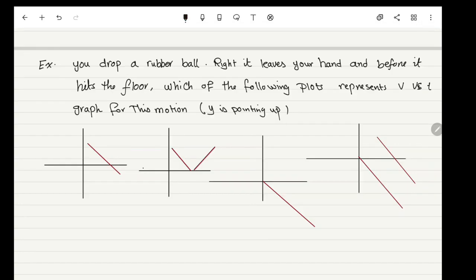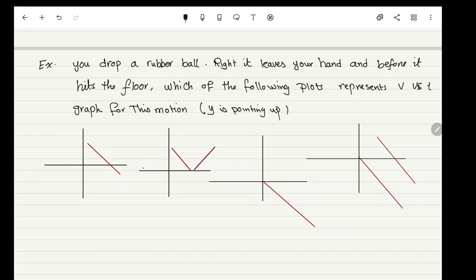Now another example: you drop a rubber ball. It leaves your hand and before it hits the floor, which of the following plots represents the velocity versus time graph for this motion, assuming that y is pointing up? Since the ball is dropped from rest, its initial velocity is equal to 0.